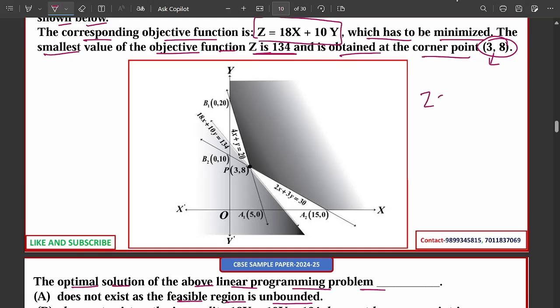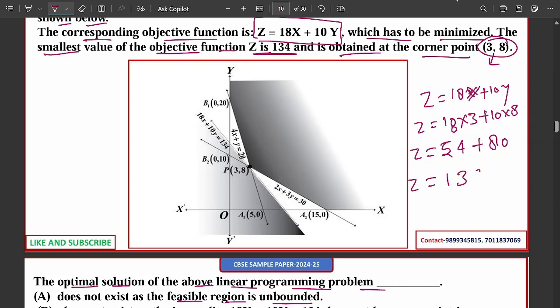So z is equal to 18x plus 10y. So z is equal to 18 multiplied by 3 plus 10 multiplied by 8. So z is equal to 54 plus 80. So z is equal to 134. So basically this is the value of z.